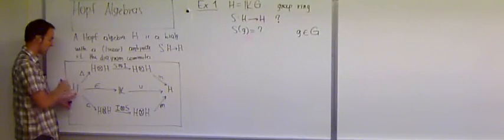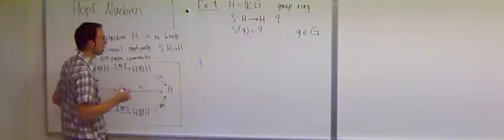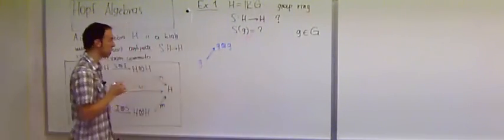And so let me just check it, start with a basis element here and see what needs to happen. Okay, so I take a group element g. So if I apply the coproduct, remember that here the coproduct is just g tensor g. Then I apply the antipode on the left and the identity on the right. Okay.